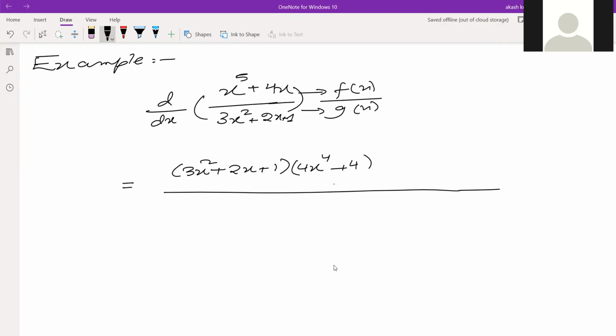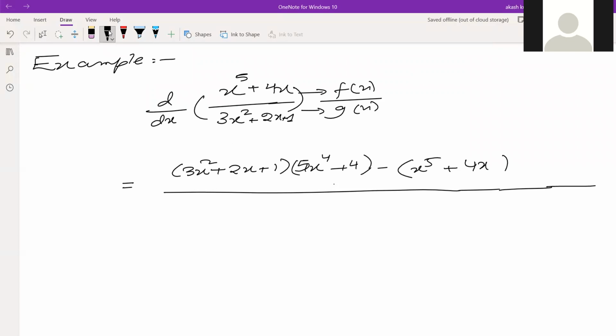Okay, one minute. It should be 5x4. So 5x4 plus 4, and then the minus sign of the formula. And then we have x5 plus 4x as it is.